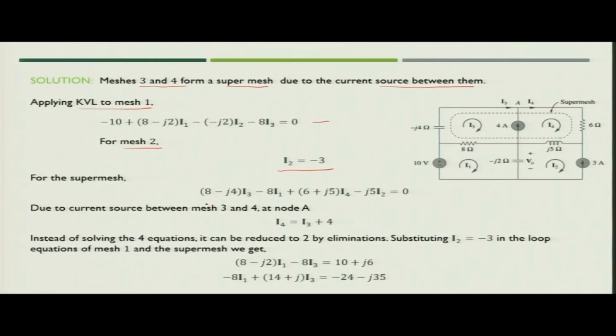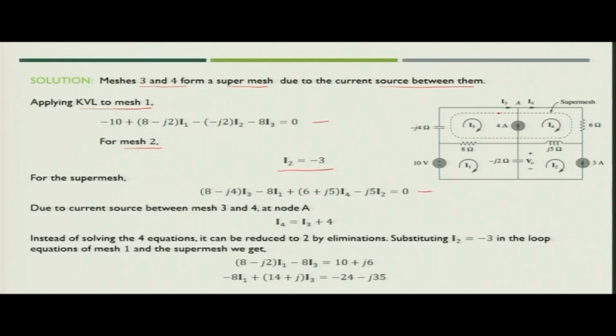So, for the super mesh, the third loop, what you will get? You will get 8 minus J4 into I3 minus 8 I1 plus 6 plus J5 into I4 minus J5 into I2 equal to 0. So, this is what you will get from the super mesh.